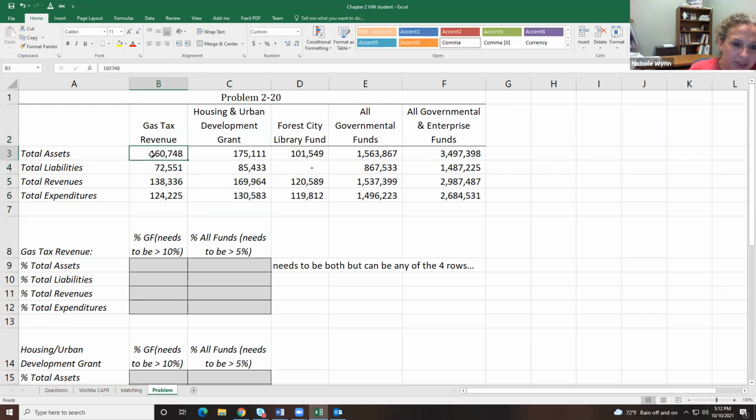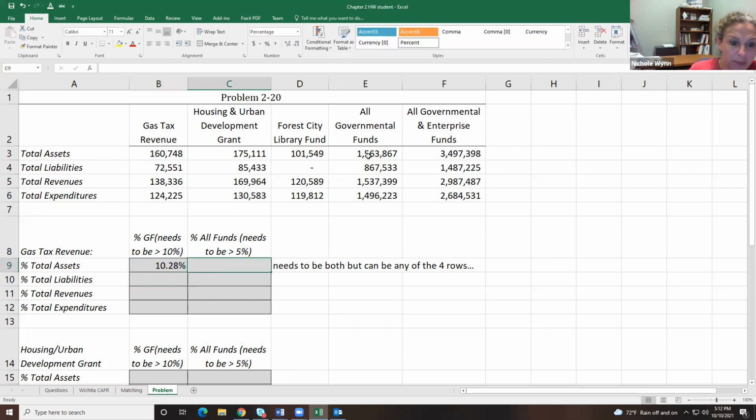So what you do is you take the assets of the gas tax revenue fund, and we see it needs to be more than 10% of all governmental funds, and needs to be both in any one of the rows. So what we'll do is we'll say, okay, we'll take that number divided by all governmental funds, and it's more.